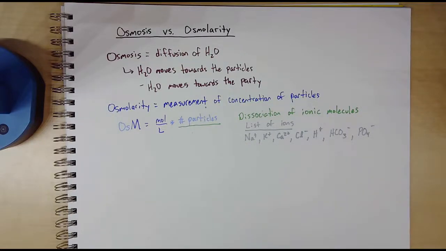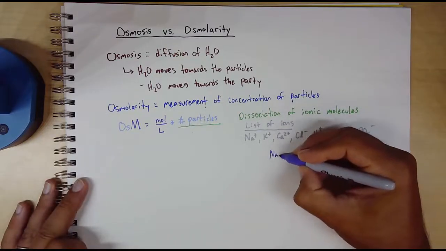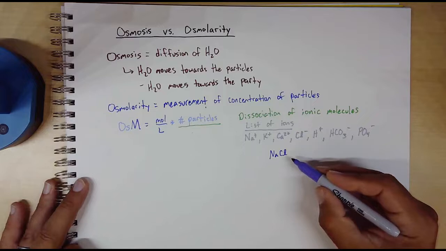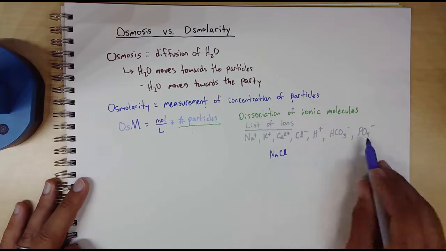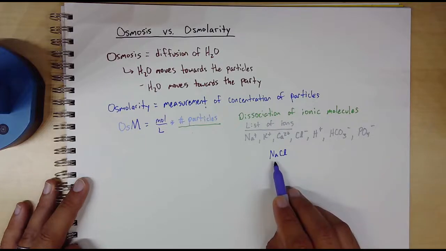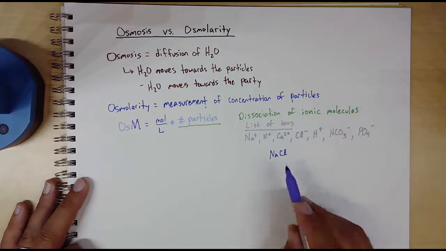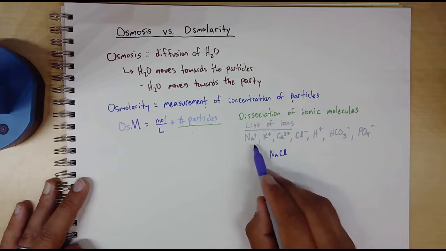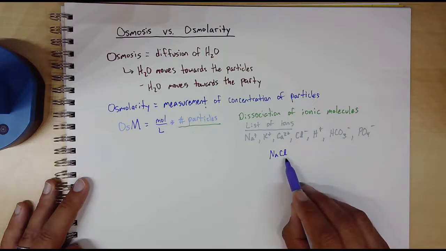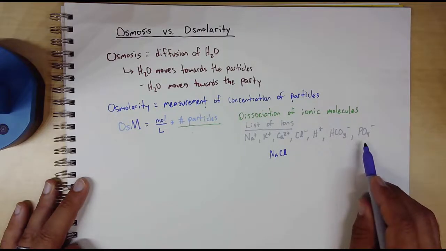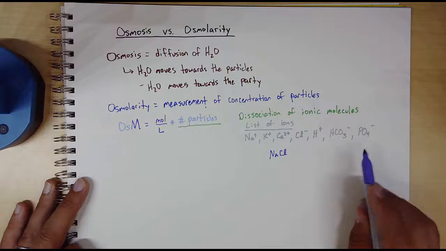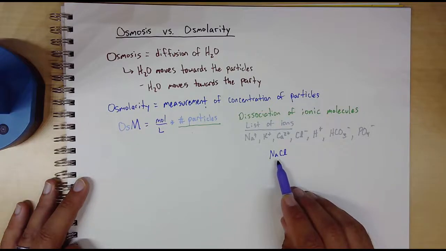So for instance, if I had a molecule like sodium chloride, if I put that salt into water, what I want to do is I want to say, what ions do I have available? Well, there's a sodium cation, right? So I see a sodium cation, and what else do I see? I see a chloride anion. Each ion that you see is a party.